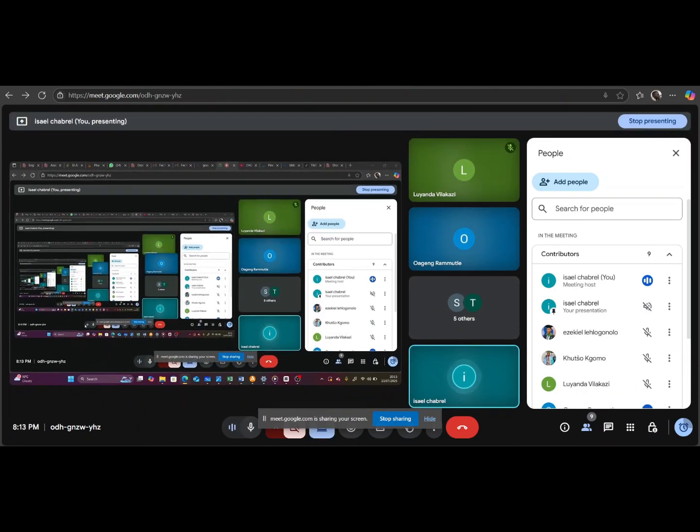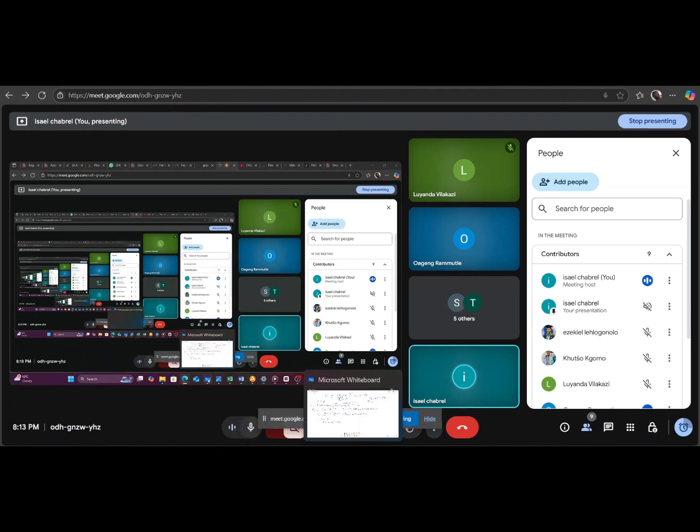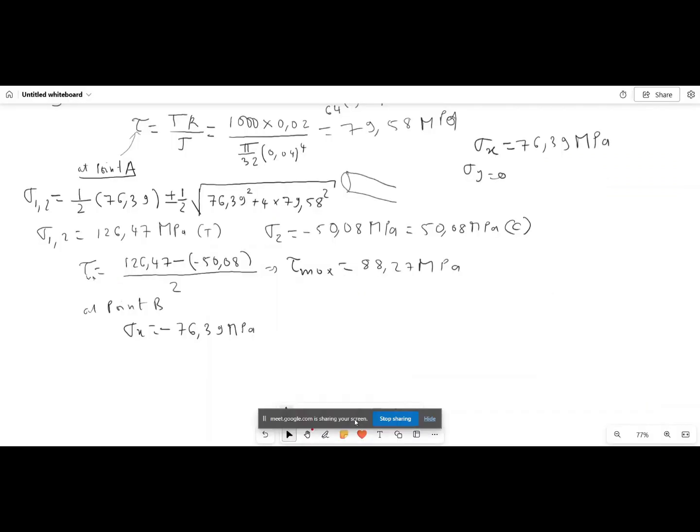Okay, guys, that's literally it. So what are we going to do here? Under this case, we apply the same formula.